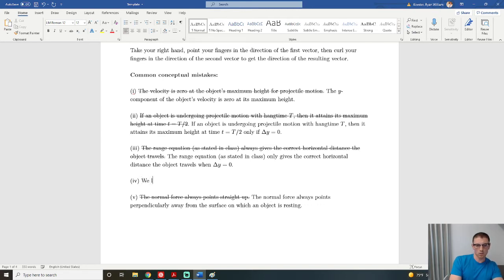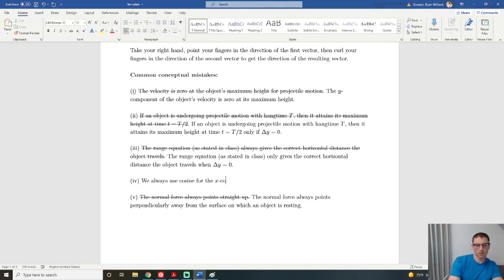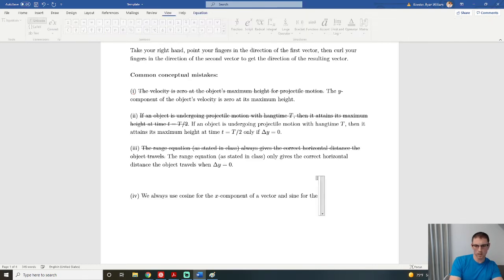We always use cosine for the x component of a vector and sine for the y component.